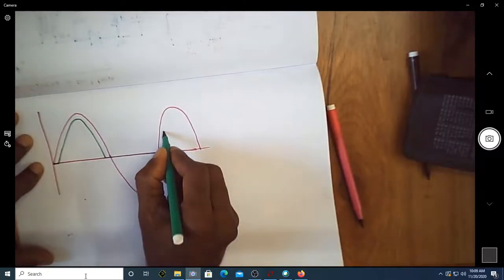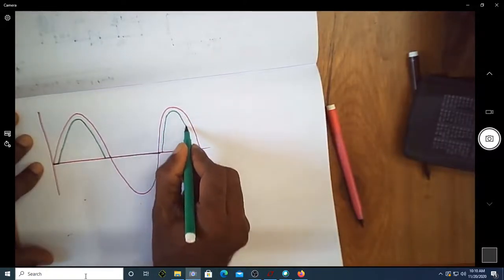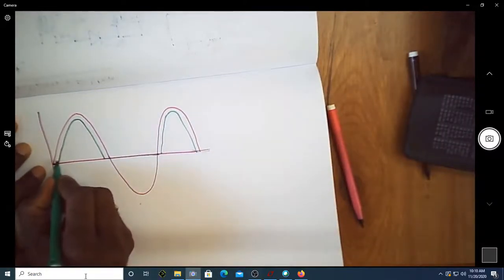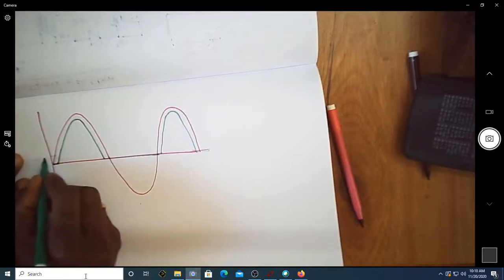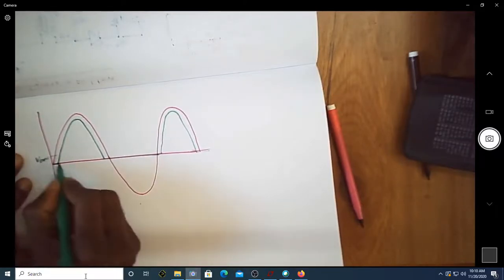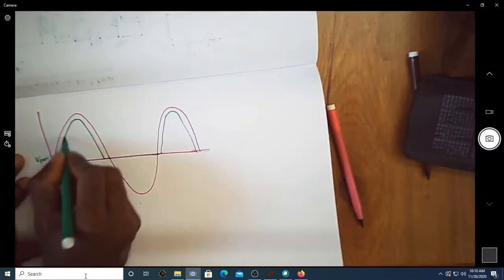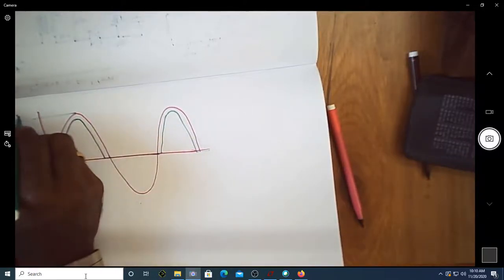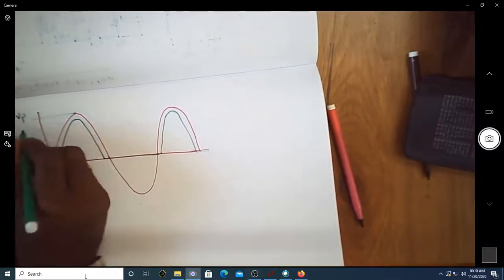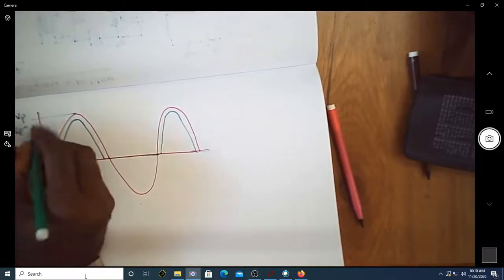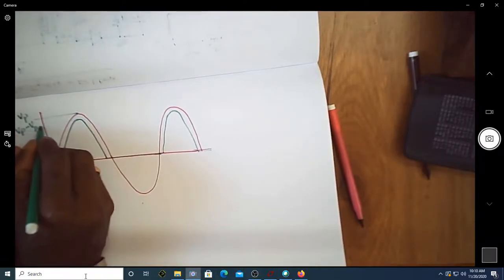Till the input voltage exceeds Vd on, this is actually Vd on. Only if the input voltage exceeds Vd on is your output going there. So this is Vp, and this voltage is Vp minus Vd on.